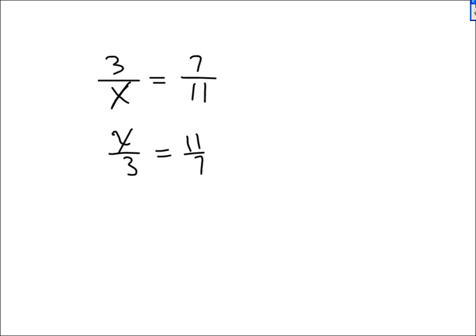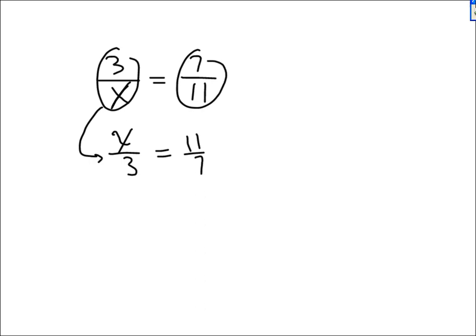Or is it? You have 3/x, and I tell you it equals 7/11, you take the reciprocals of both sides. The reason I'm doing that is to get x in the numerator. If 3/x equals 7/11, I take the reciprocal of this and I get x/3.